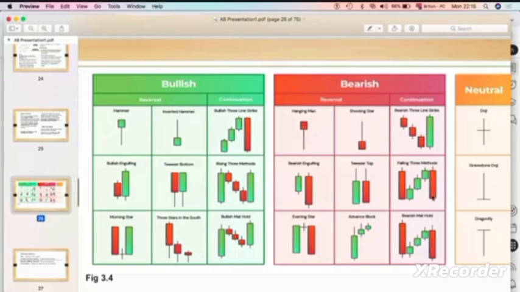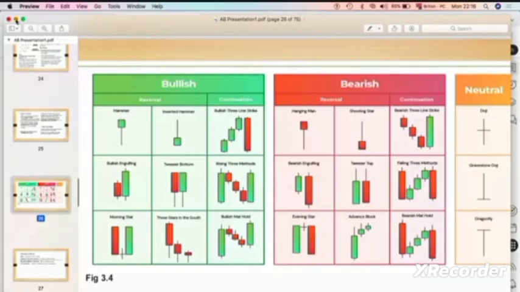Okay, and you also have the falling three methods, which is composed of a bigger bearish candle, three smaller bullish candles, and another bearish candle. It's an indication for a continuation of downtrend movement.